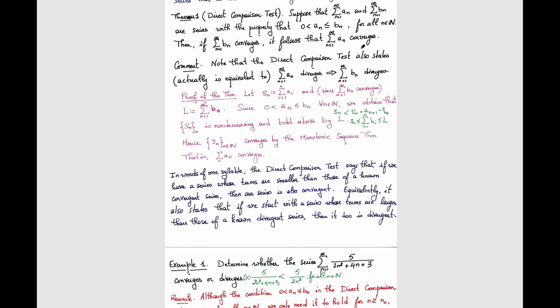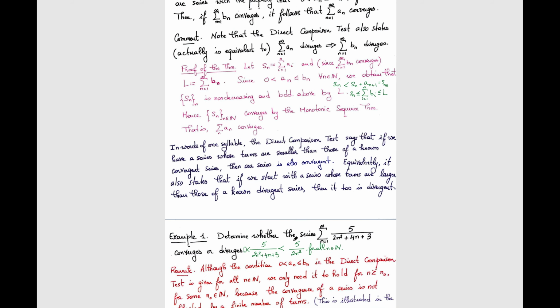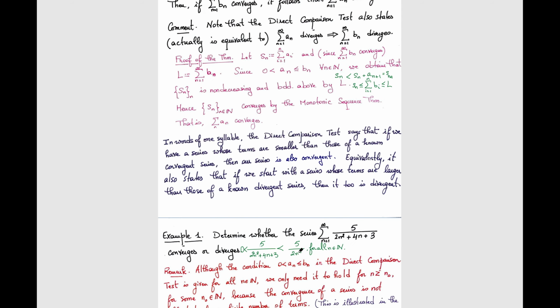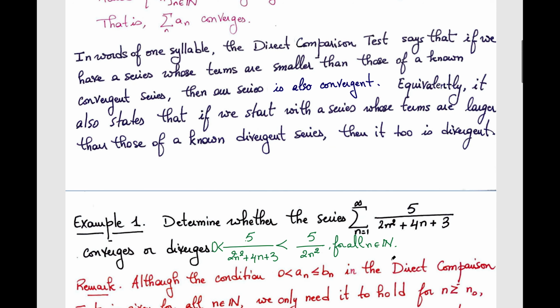All right, so the idea now is, do you know anything about 5 divided by 2n squared, the series whose terms are those guys? These terms are a constant multiple, which is 5 over 2, of the p series when p is 2, right? And we know that the p series when p is 2 is going to converge.